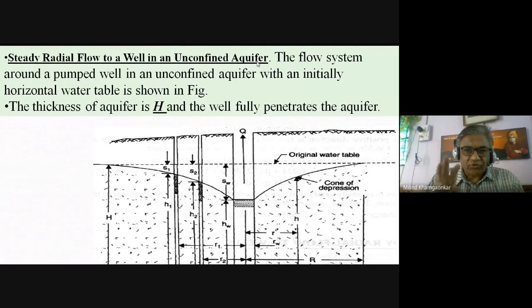Try to understand, go through this in your notes, or I will upload the recording of this lecture immediately. The steady radial flow to a well in an unconfined aquifer. First we'll try to find the discharge, and then we will find the steady radial flow to a well in the confined aquifer. Right, both are similar.